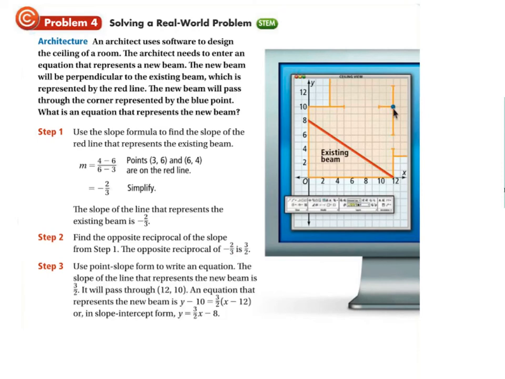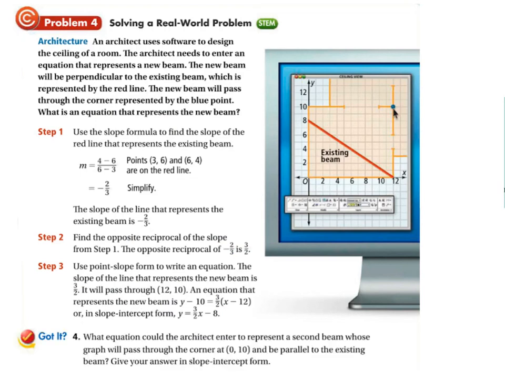And then writing the equation, we know it has to go through point 12, 10, that's that blue point, and have a slope of 3/2. So you can write it in point slope form like that. Since they didn't designate what type of equation they wanted, this would be fine. But in slope intercept form, if you wanted it to look like that, you would distribute that, add the 10 to both sides, and this is the equation you'd come up with.